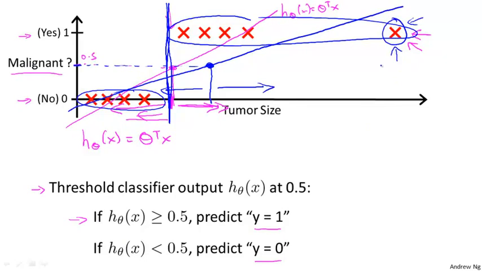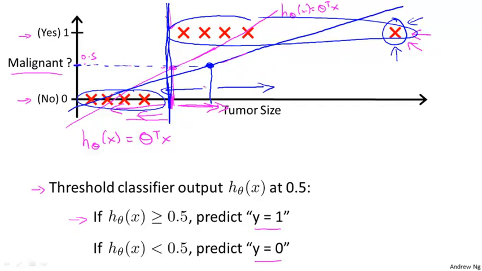But adding that example caused linear regression to change its straight line fit from this magenta line out here to this blue line over here, and caused it to give us a worse hypothesis. So applying linear regression to a classification problem often isn't a great idea.